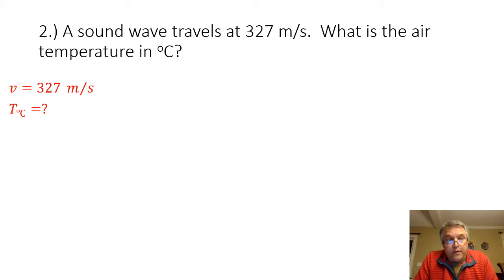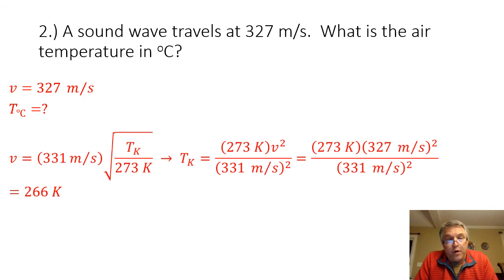I'm going to start off using my speed of sound in air formula. This time I need to rearrange it to solve for the temperature in Kelvin. And when I do that, I'm going to have the temperature in Kelvin is equal to 273 Kelvin times velocity squared divided by 331 meters per second squared.